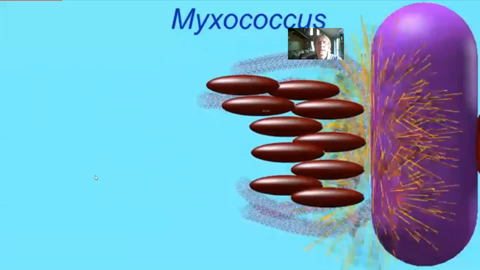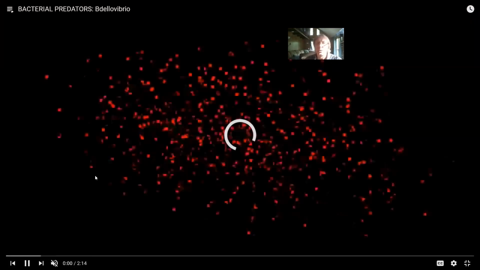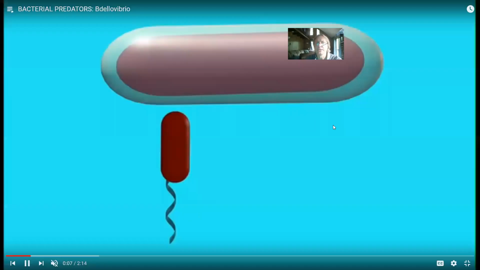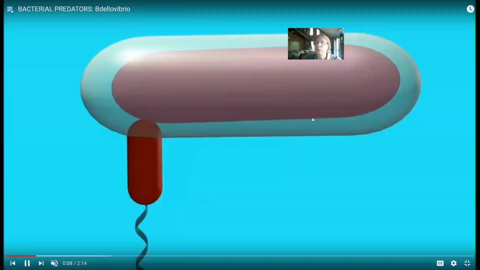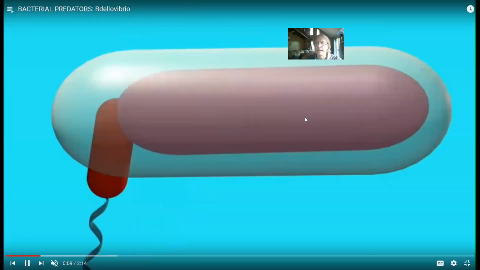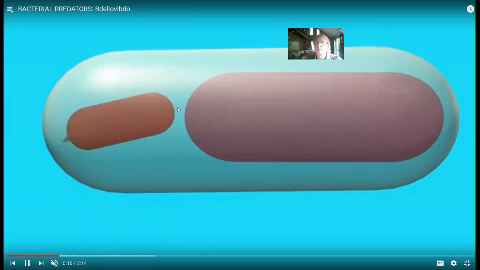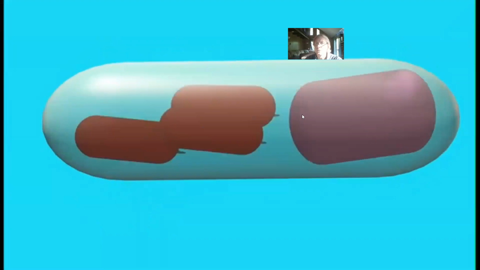Now, some bacteria can live inside other cells. If this is in a multicellular organism, then we often refer to this as a parasite. But when they do it to a unicellular organism, it'll end up with the death of the cell. They kill it. And so then we would refer to this as a type of predation.